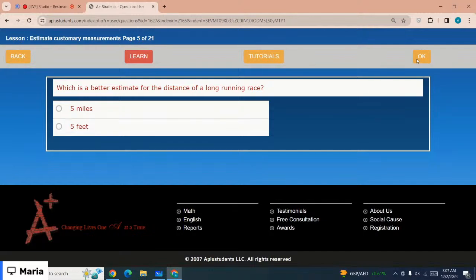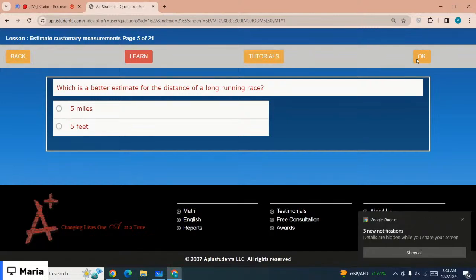Okay, which is a better estimate for the distance of a long running race? Which is the correct option? Is it 5 miles or 5 feet?